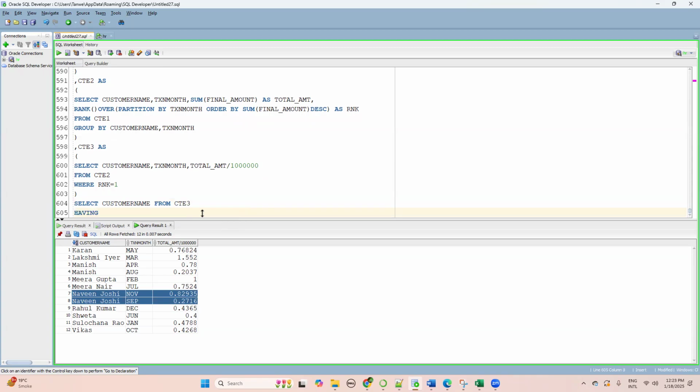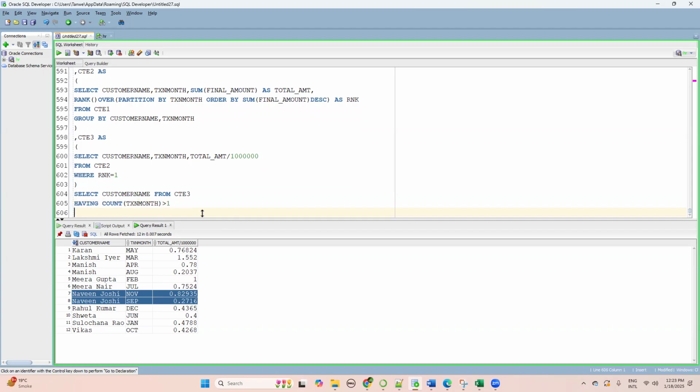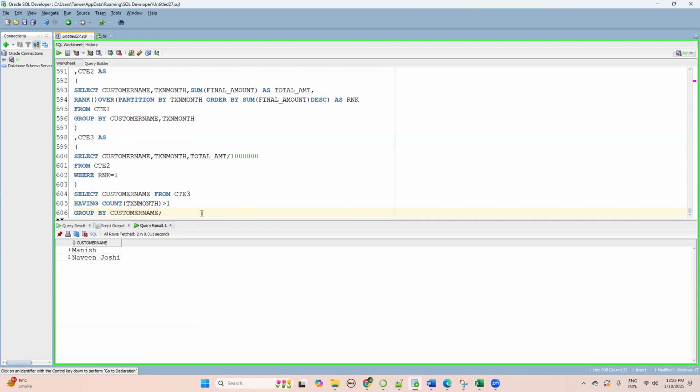So I'll write having count of transaction month more than one. That's all. Now see, having and group by, lot of use cases there of having and group by. I got this output. So Manish and Naveen Joshi are the ones out of all the customers who have made the maximum transactions in more than 1 month.